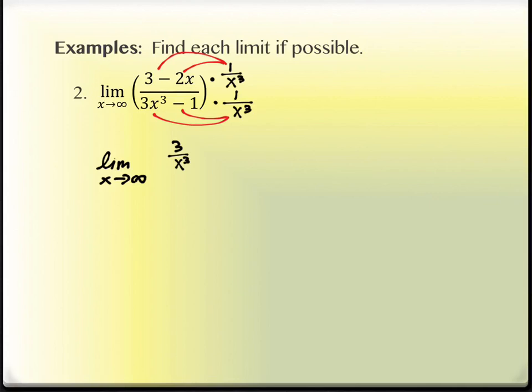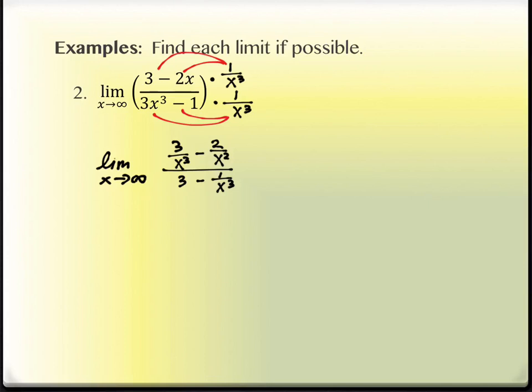What happens when I multiply 2x by 1 over x cubed? 2 over x squared. Perfect. On bottom, 3x cubed over x cubed. Just 3. And the last one I have 1 times 1 over x cubed. So it's just 1 over x cubed.